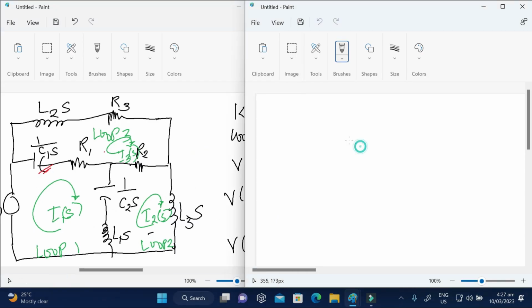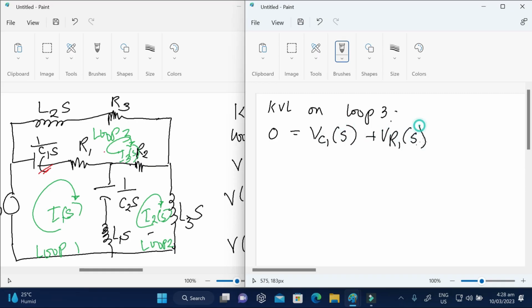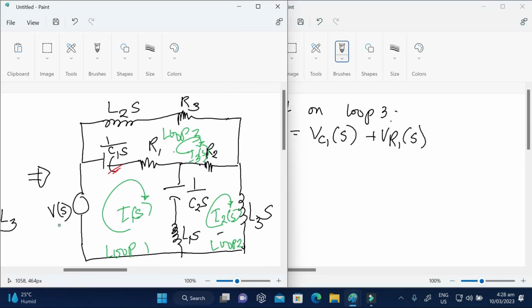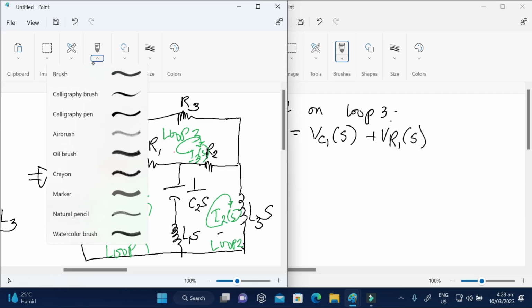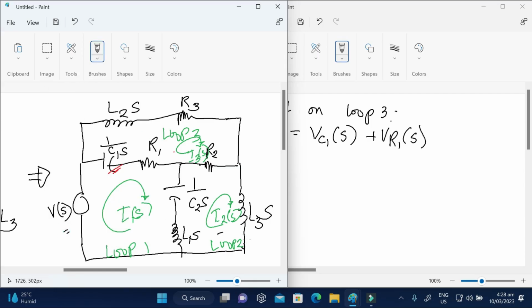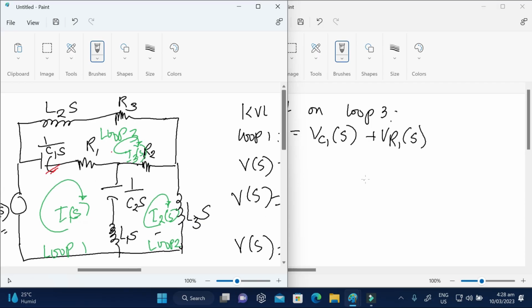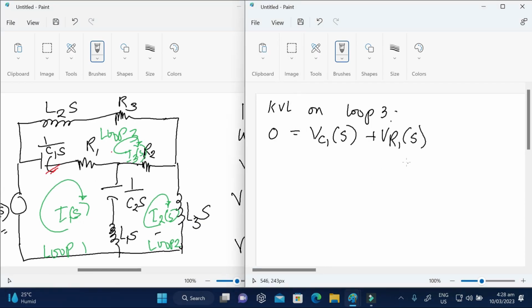Applying now, okay, Kirchhoff's voltage law on loop 3. Okay, no? We have again no voltage source, no? We have here voltage ng C1S plus voltage ng R1S. Ang voltahe source natin ay nandun sa loop 1. Okay, no? So, dito wala tayong source voltage, so 0.